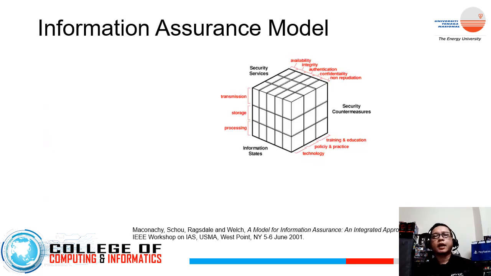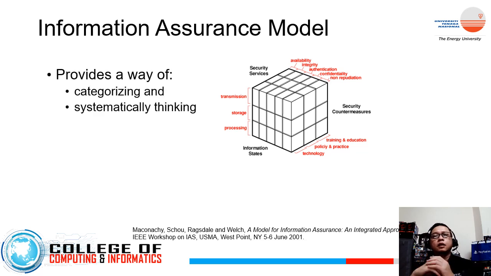So in terms of the IA model, you need to look at the IA process as a three-dimensional process. What it means is that you need a way to recognize whatever you want to protect. You need to properly categorize what you are protecting and what you are implementing. So you need to think systematically. Remember, IA is a proactive and reactive process.